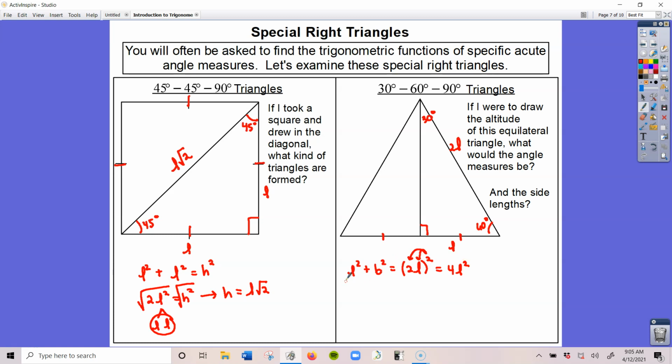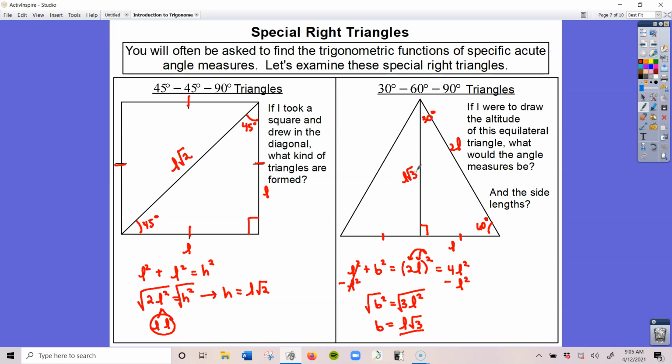So to solve for B, I would first subtract this L squared over to the other side, which gives me B squared is equal to 3L squared. And then we square root both sides, which gives me that B is equal to L, because I can move that outside just like we did in this other example, and then the square root of 3. So this would be the measurement for this side of the triangle.